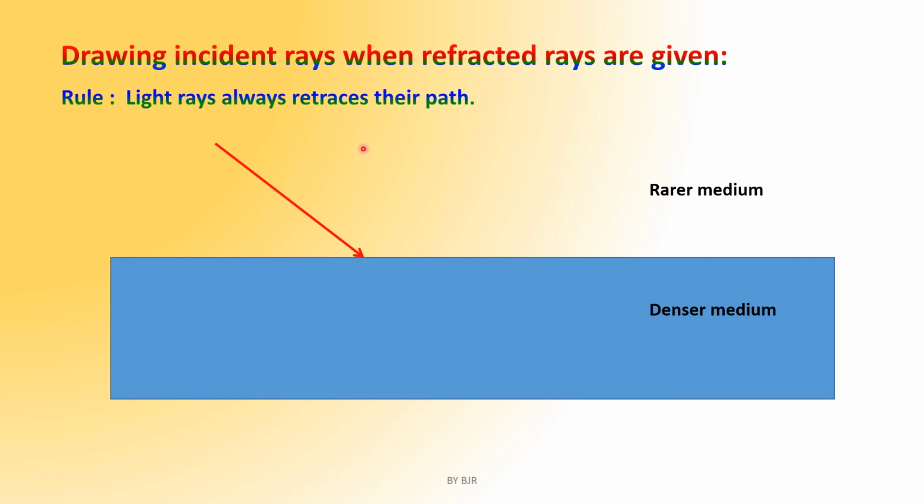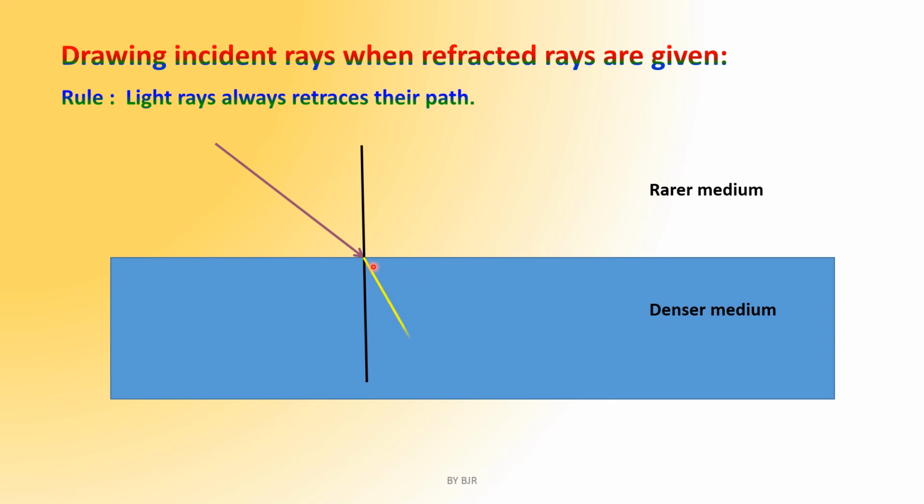In order to know the direction of the refracted ray, we have to draw the normal at the point of incidence. This is the normal drawn at the point of incidence here. As the incident ray is traveling from rarer medium into denser medium, it will bend towards the normal like this.